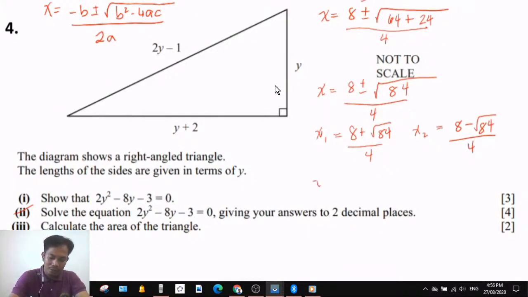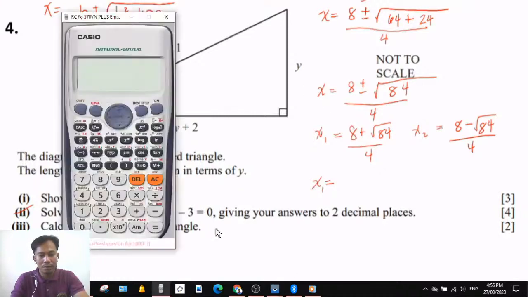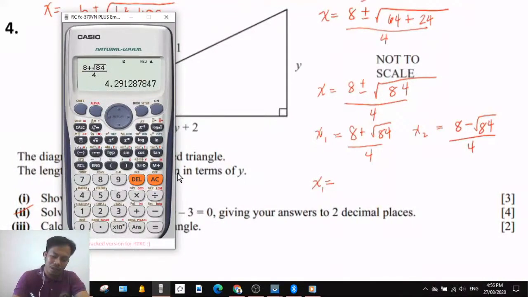Now x sub 1 is equivalent to, I'll use my calculator, 8 plus square root of 84 divided by 4, which will give me an answer of 4.29.